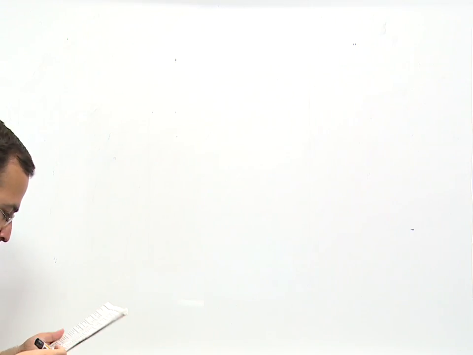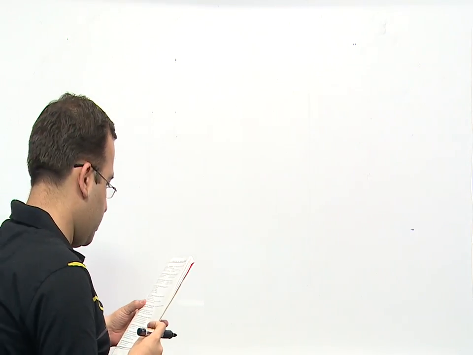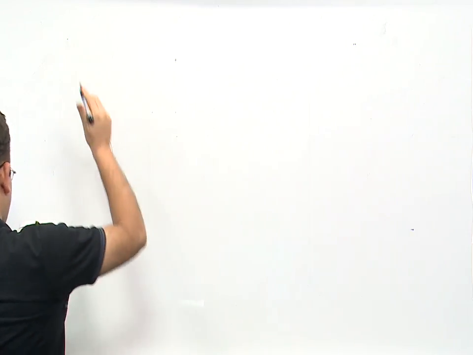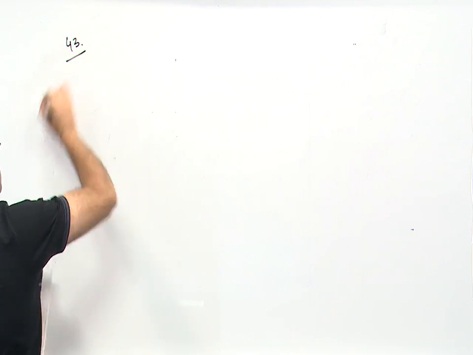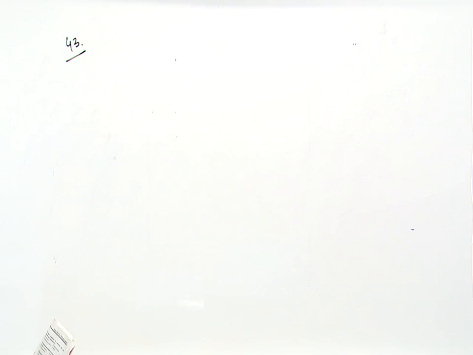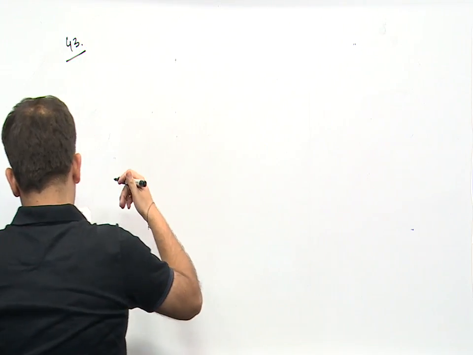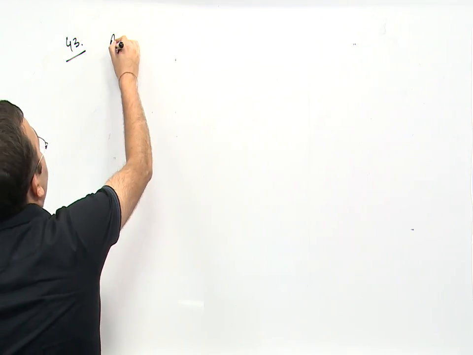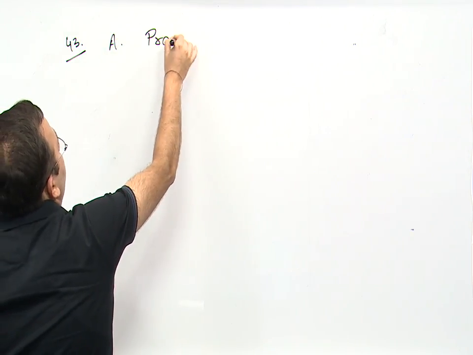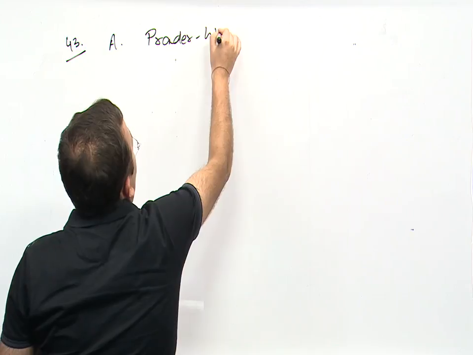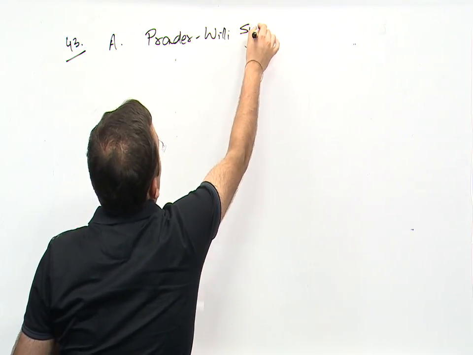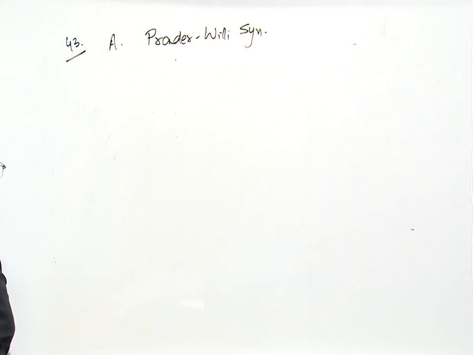Next, this gets us to question number 43, and the answer is maternal disomy. It is seen in Prader-Willi syndrome.